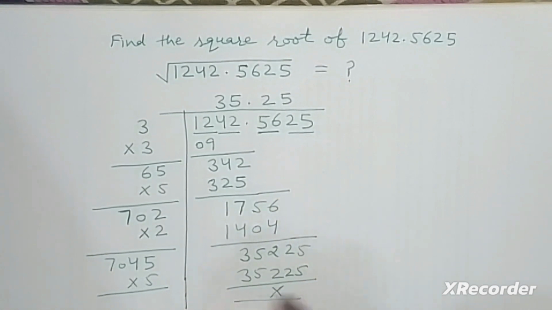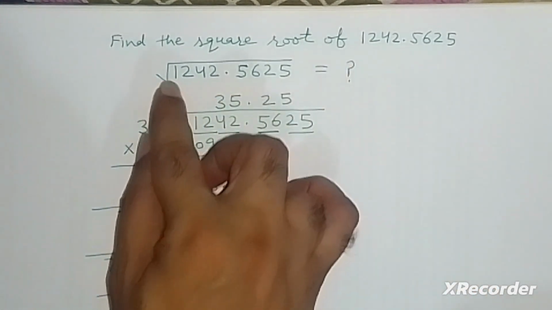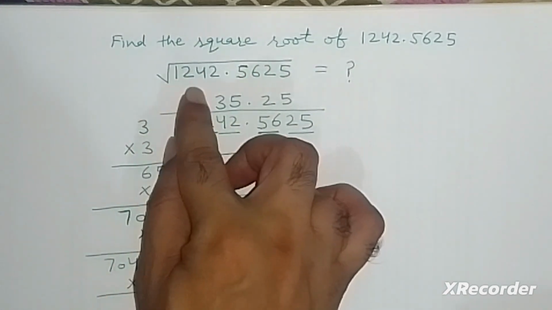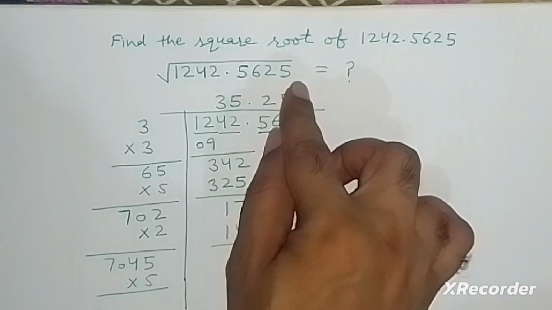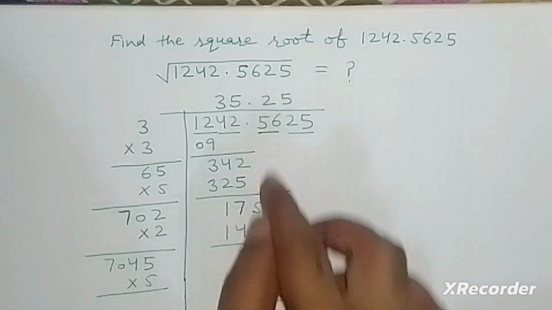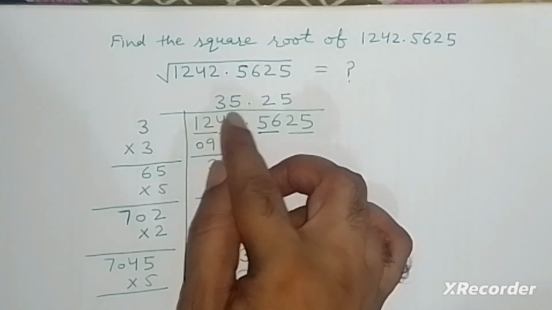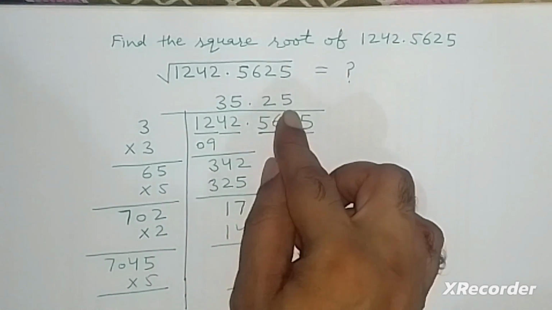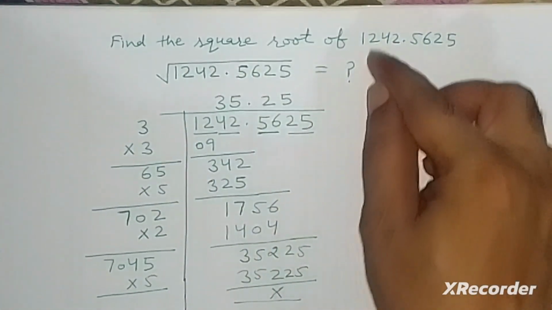So in this method we have solved the square root of 1242.5625 with the long division method, and the value comes to 35.25. This is the square root of this value.